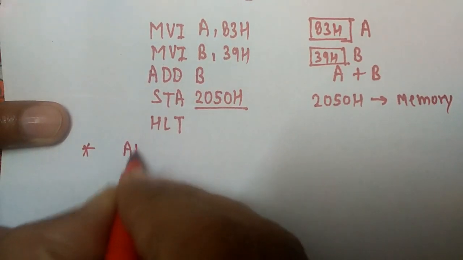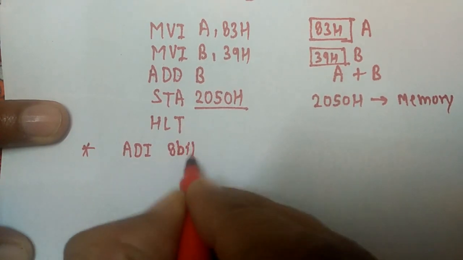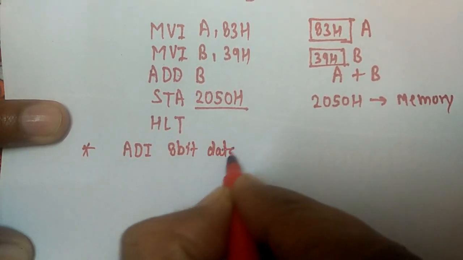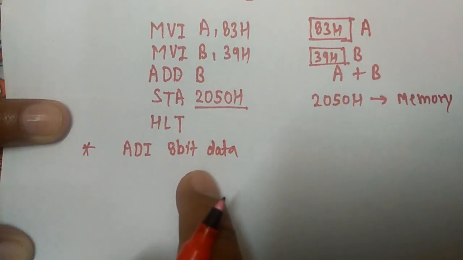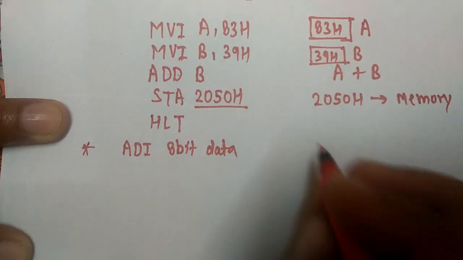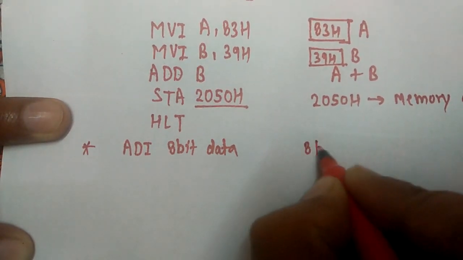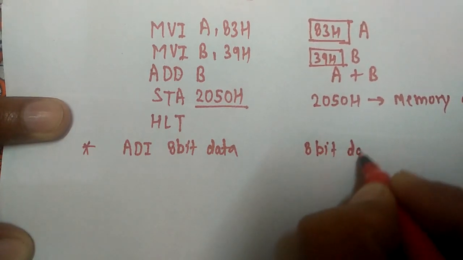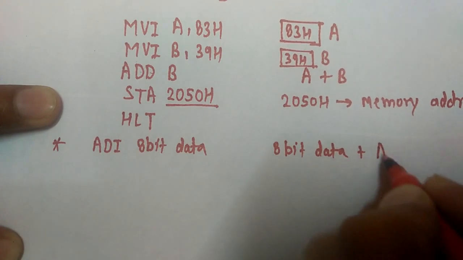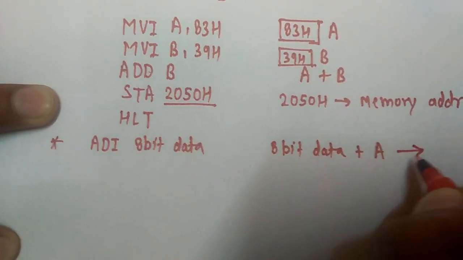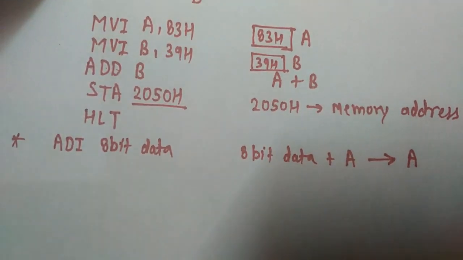When you write ADI along with any 8-bit data, what is 8-bit data here? Any 8-bit number that you want to add to the content of the accumulator. This instruction will perform addition of the 8-bit data to the content of the accumulator, and the result will be stored again in the accumulator.